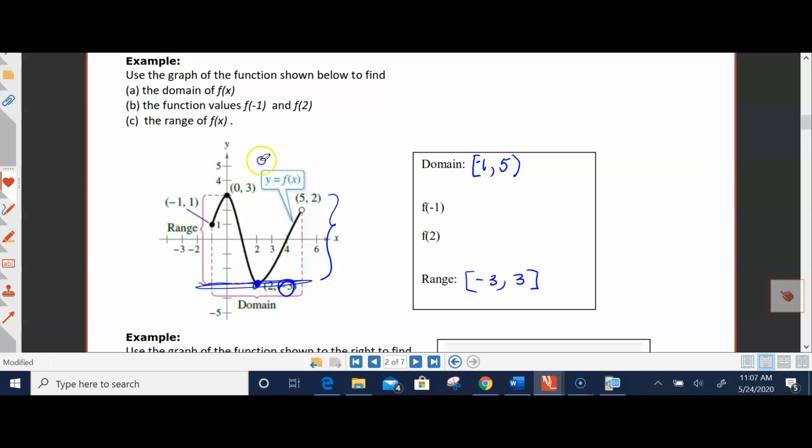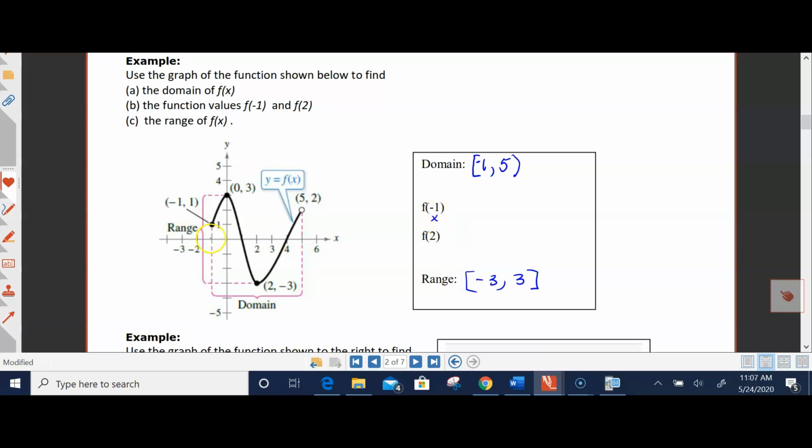Finally, for this example, let's look at finding function values. So I'm asked to find f of -1, which means I go to -1 on the x-axis. The number inside that f, remember it's f of x, is an x value.